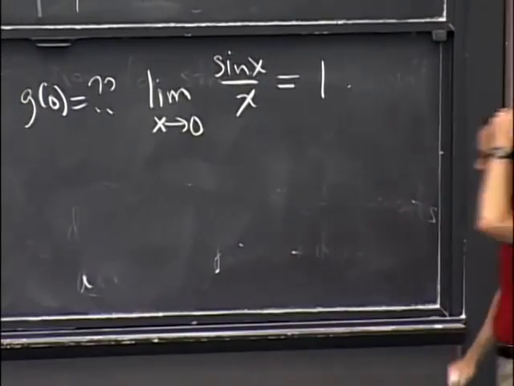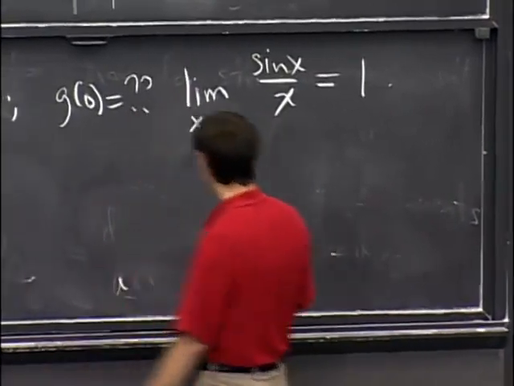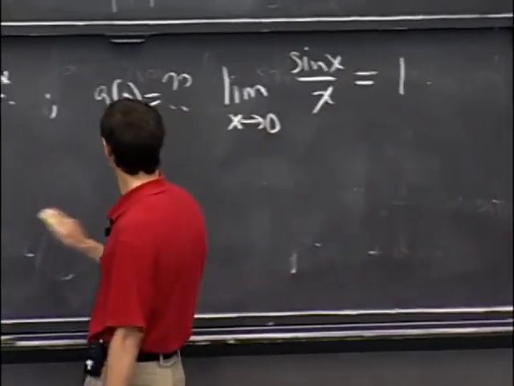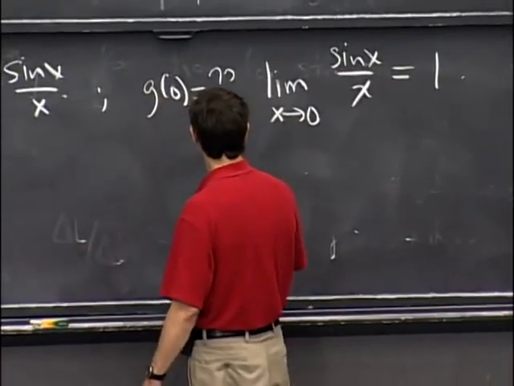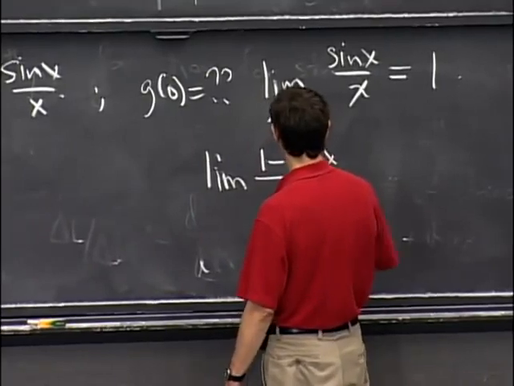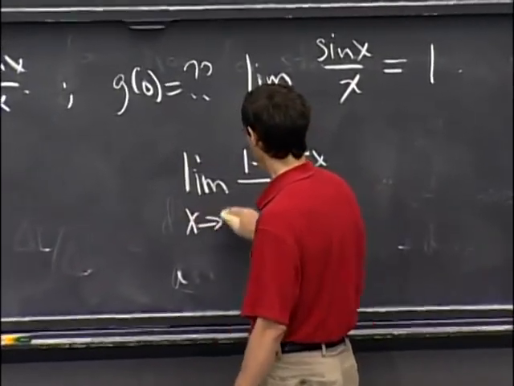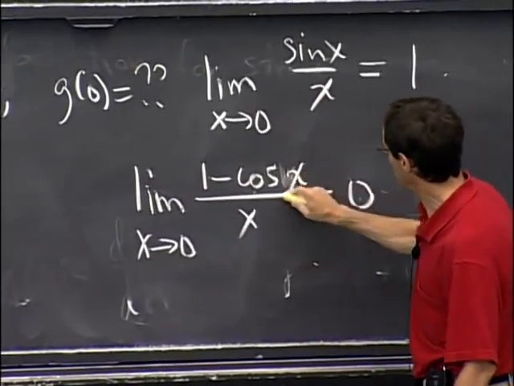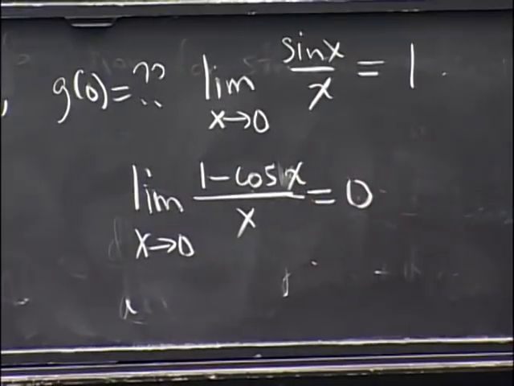So that's a very important limit that we'll work out either at the end of this lecture or the beginning of next lecture. And similarly, the limit of 1 minus cosine x divided by x as x goes to 0 is 0. All right, maybe I'll put that a little farther away so you can read it.